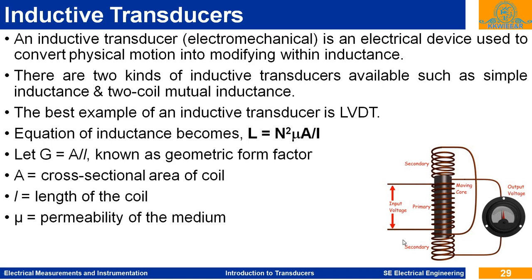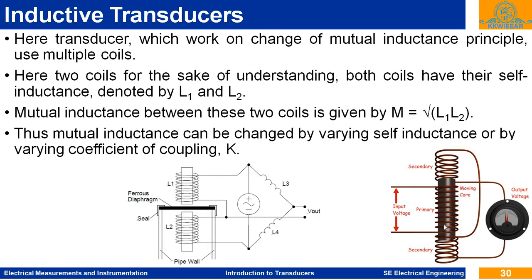As the metallic plunger moves in the upward or downward direction, the linkage of flux of the primary coil and the secondary coil will change, with the n number of turns.